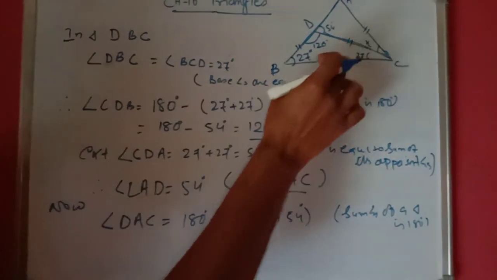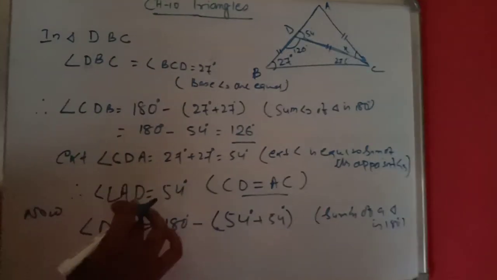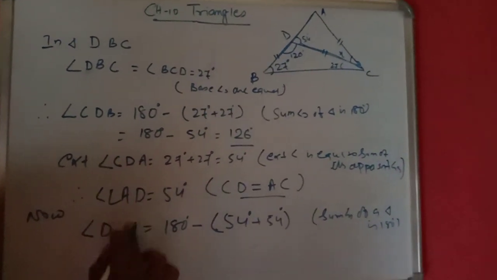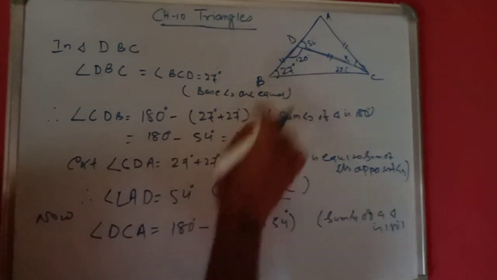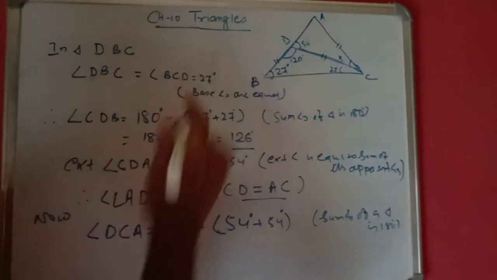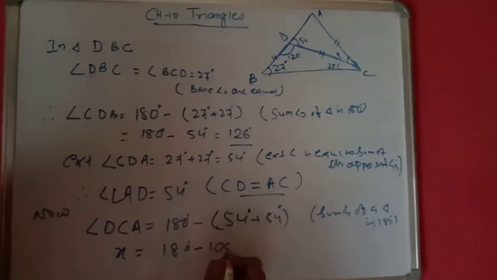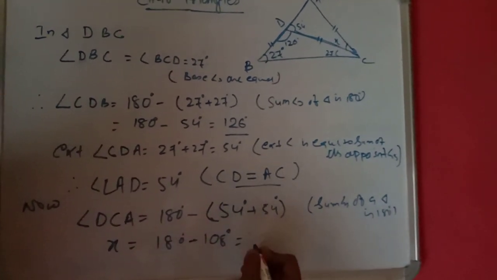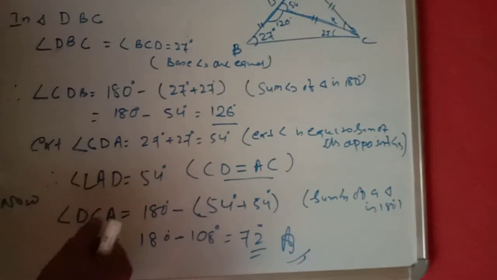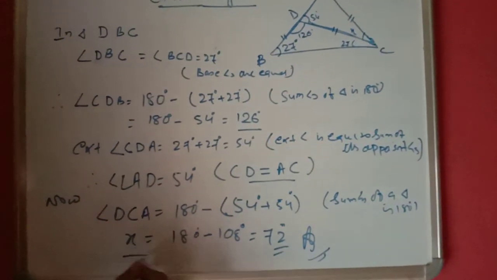Therefore DAC equals CAD. Now DCA, sorry, this part DCA, because we have to find out DCA. So instead of DCA I can write x equals 180 minus 108 degrees, this is 70 degrees. The value of x we have to find out.